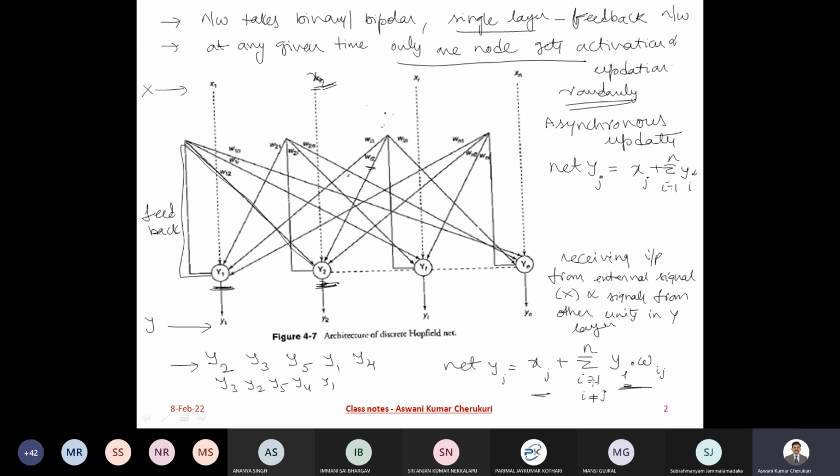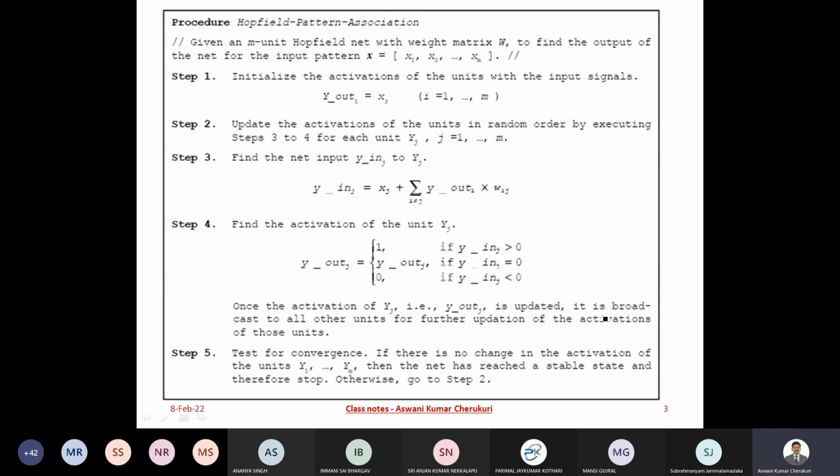Let us take the algorithm, how this works, and proceed. This is your Hopfield association algorithm.